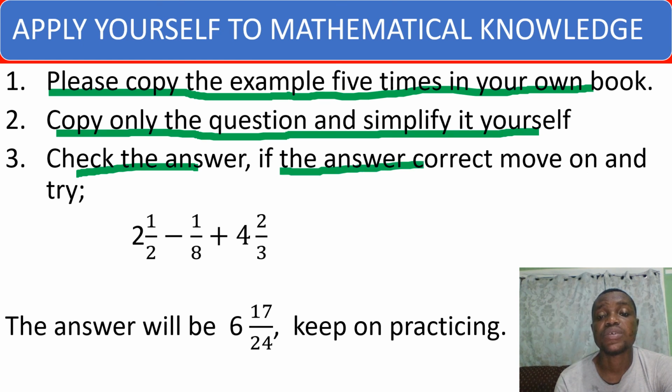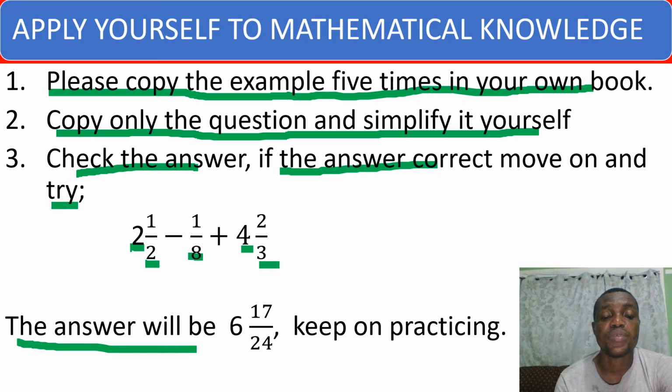If the answer is correct, move on. Now try this: 2 whole number 1 over 2 minus 1 over 8 plus 4 whole number 2 over 3. The answer will be 17/24. So check it. If it is okay, keep on practicing.